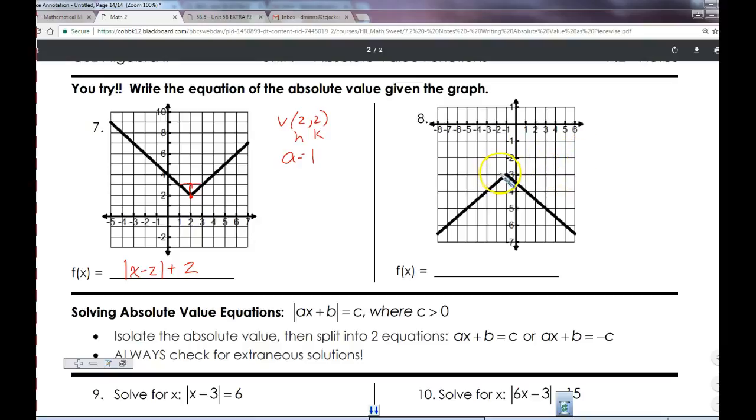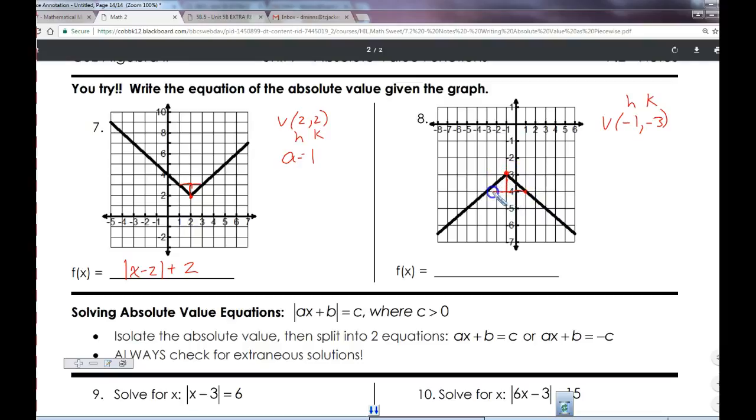Okay, moving on to number 8. My vertex on number 8 is negative 1 and negative 3. So there's my h value, there's my k value. Now let's find our a value. Well, when I go down 1 over 2, I find a good crossing spot.